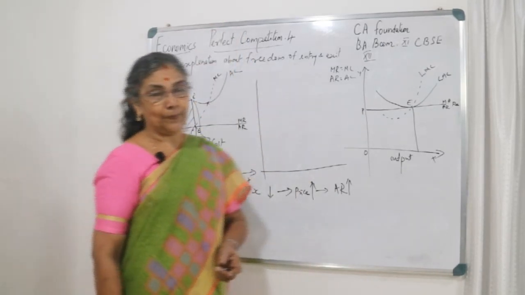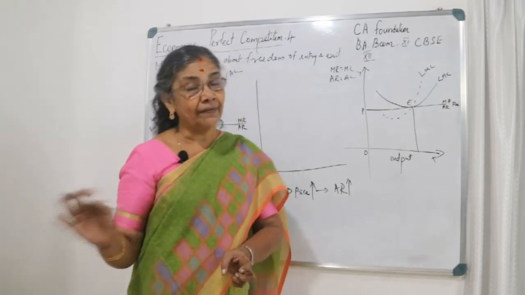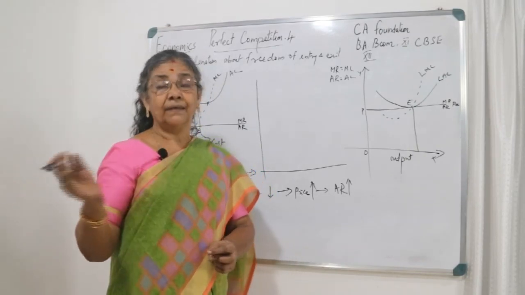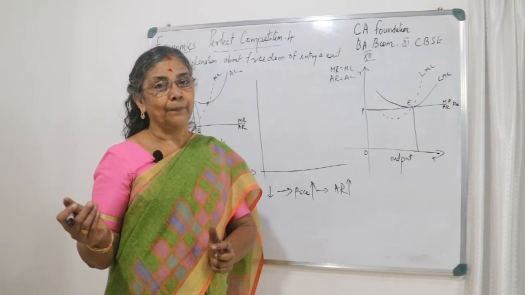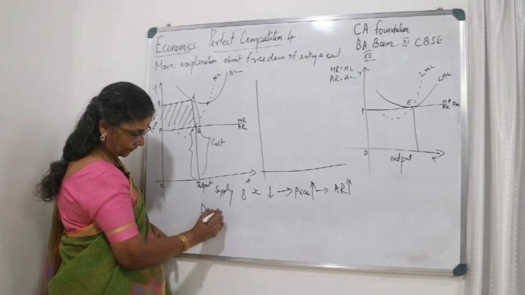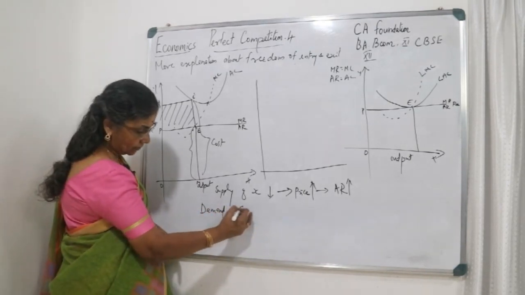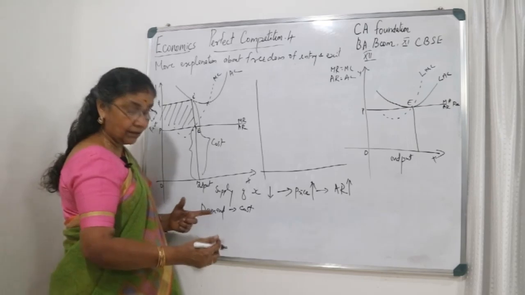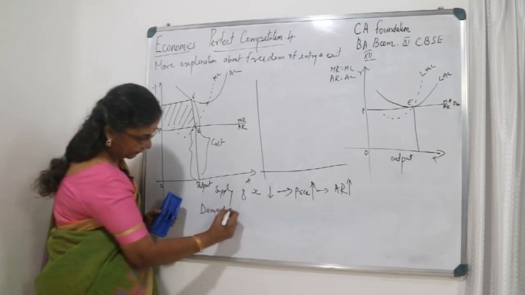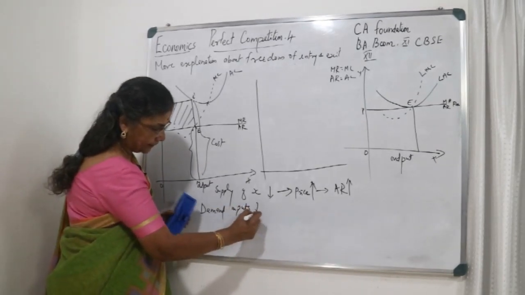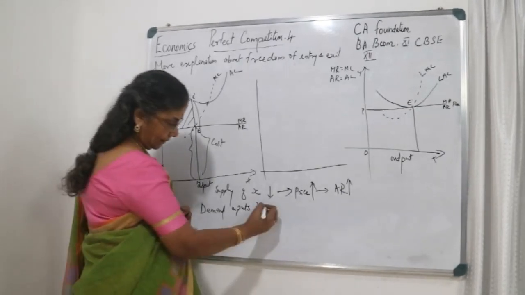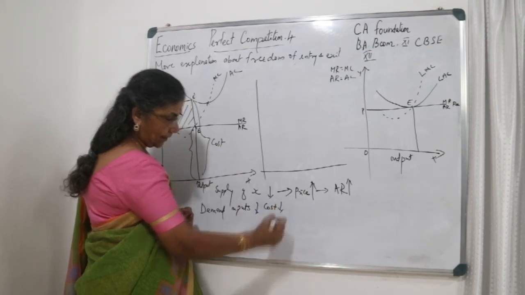Then what happens to cost? Several firms are leaving the industry, so we don't want that raw material, that type of technicians, that type of skilled labor, so their demand will decrease. The demand for the inputs decreases, so we can see that the cost will come down.